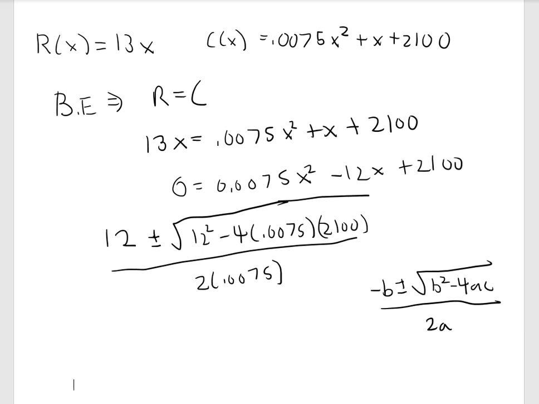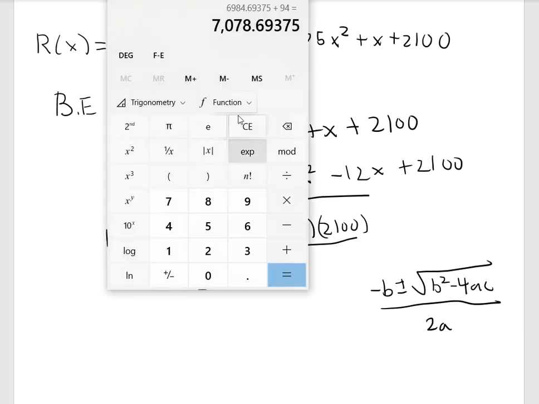So now let's do this. So here's my calculator. Let's see here. We've got 0.0075 times 4 times 2100. That gives me 63. So that's going to be negative 63. So I've got 144 minus 63 gives me 81. And then the square root of 81 is 9.